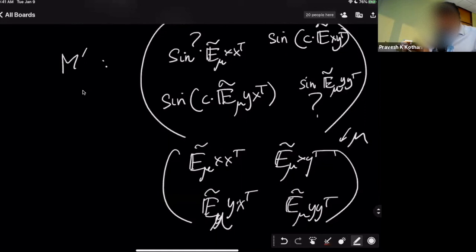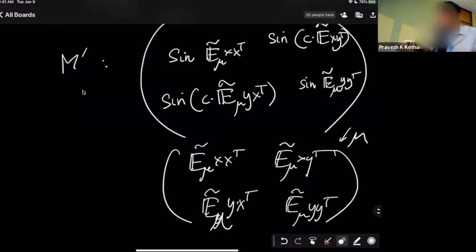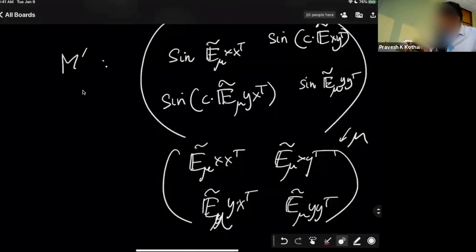So now you see why these hyperbolic signs appear. What we're going to show is that if you fix the off-diagonals to be the sine function applied to a scaling of this expectation of yx transposed, and you choose hyperbolic signs here, then in fact you can make this matrix PSD.